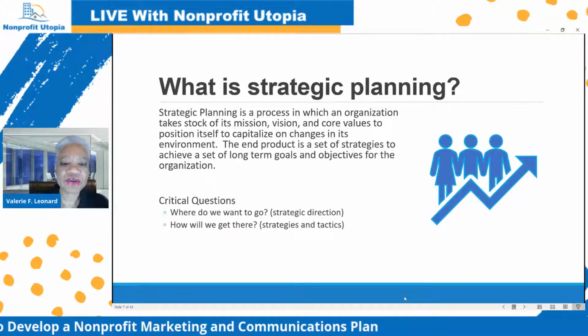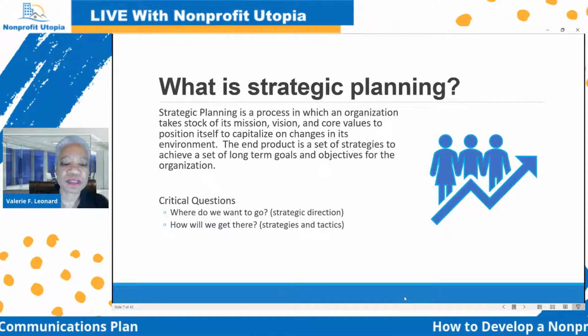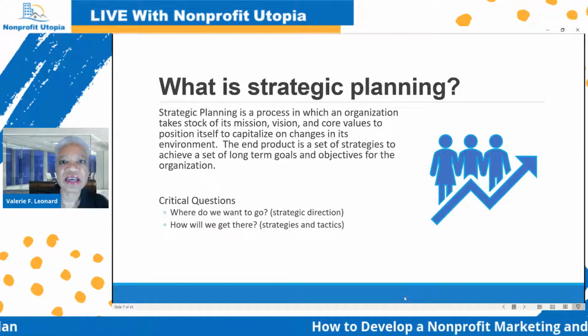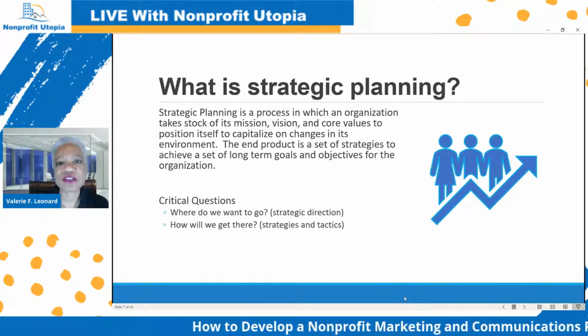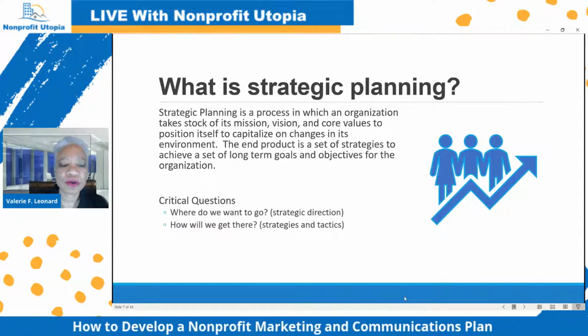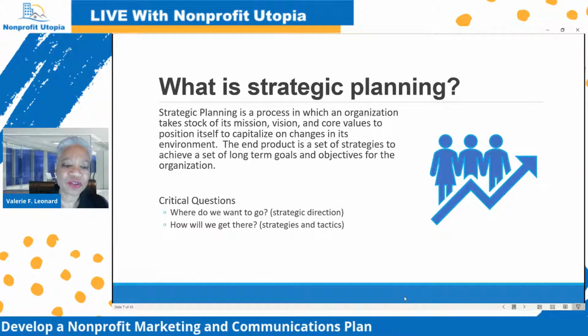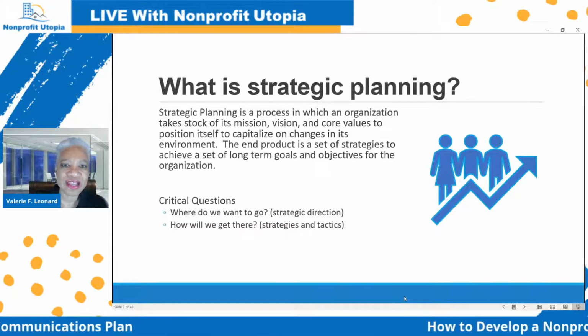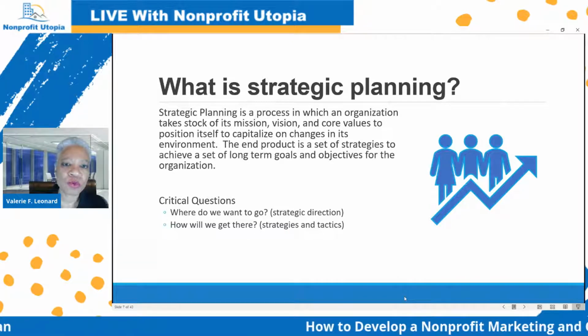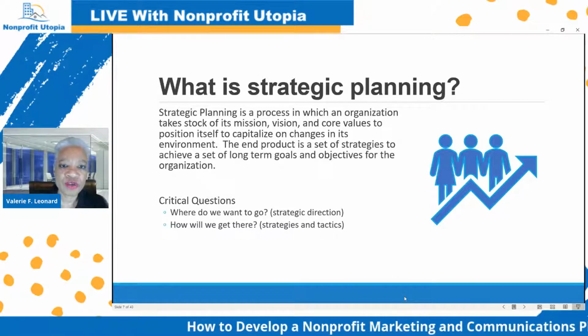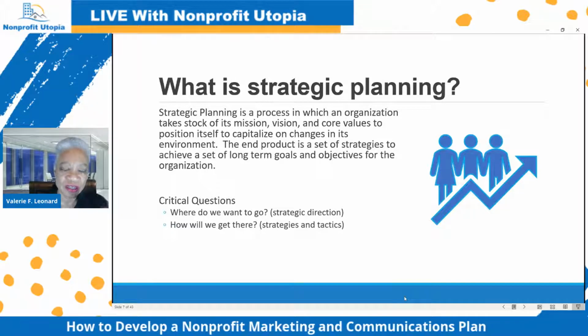At the end of the day, you end up with a set of strategies to achieve a set of long-term goals and objectives for the organization. Basically, it answers the questions, where do we want to go? How will we get there? And I would venture to say that it also helps you to do that within the context of who you are. So that's why you start off with your mission and vision and then go from there.